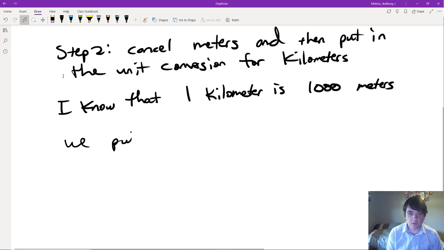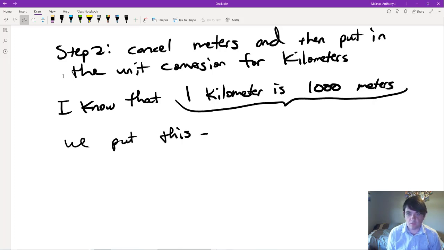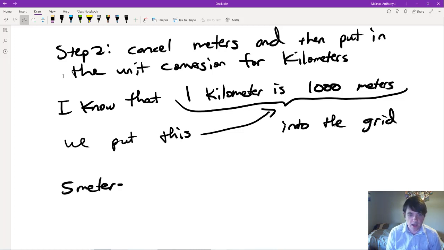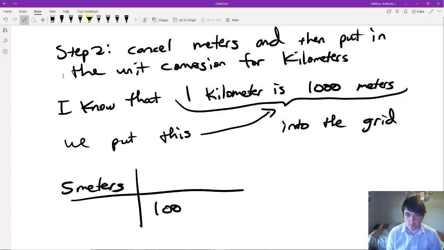So we put this into the grid. Okay, so we have 5 meters, and we need to cancel meters, so we'll put meters down here. And we put that unit conversion here.